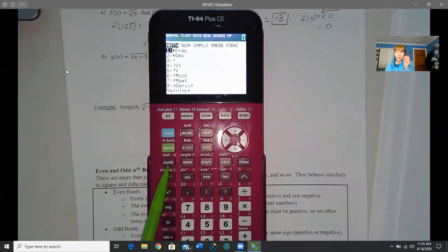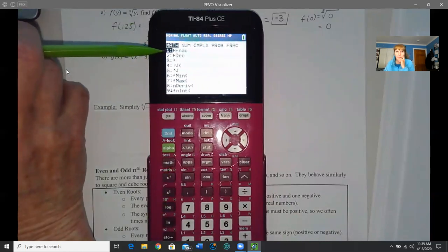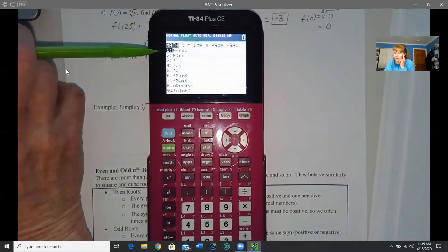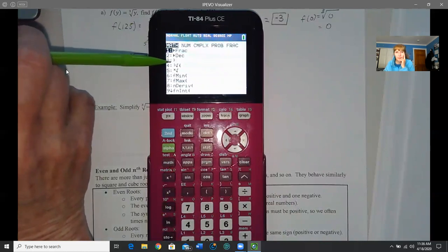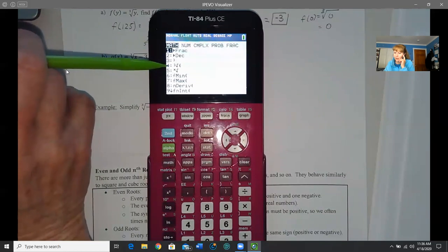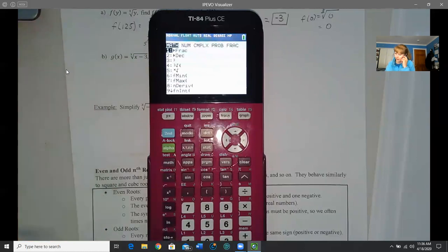This is pretty nice. If you haven't used this before, this will change a decimal to a fraction. You just press enter and it'll change it. It'll change a fraction to a decimal. It will cube a number, take it times itself three times. But if you look at number 4, it will find the cube root. You can arrow down to number 4, or just press 4.